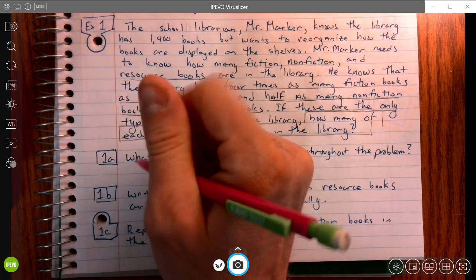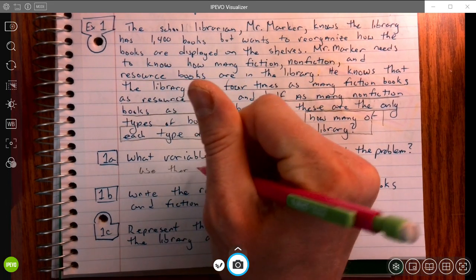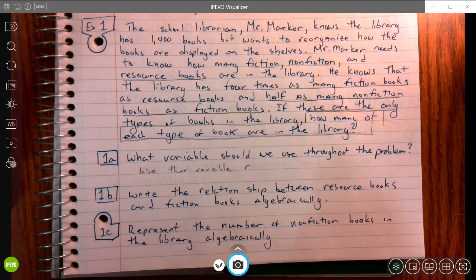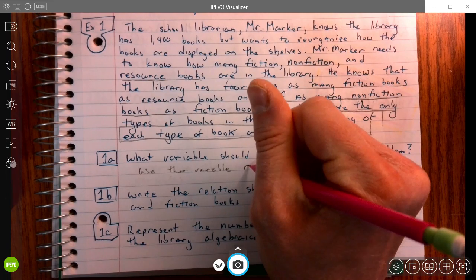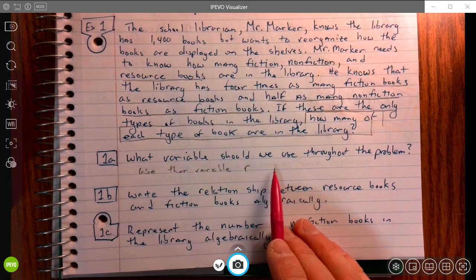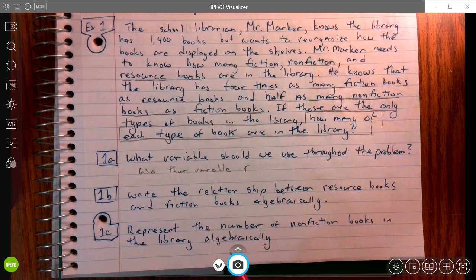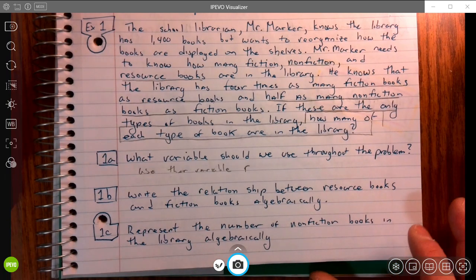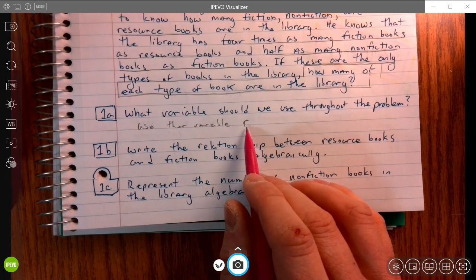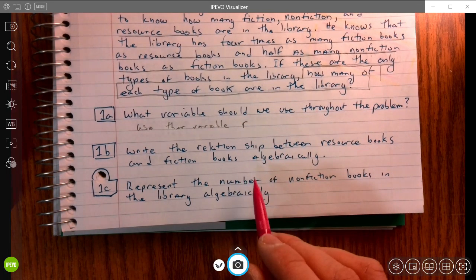So we're going to use the variable r, because that variable represents the fewest amount of books. The resource books represent the fewest amount of books, okay? So you don't have to use r, by the way. You could use x, you could use y, but r will make it a little bit clearer.